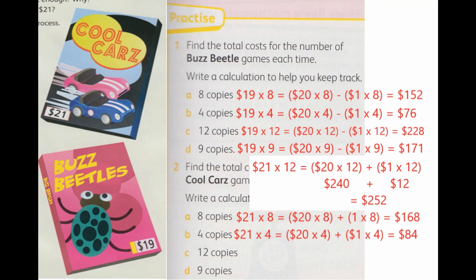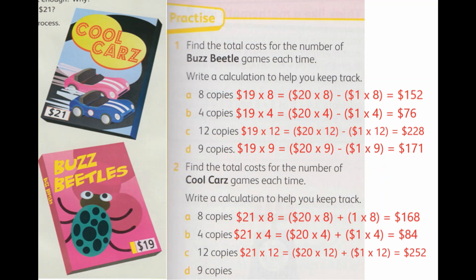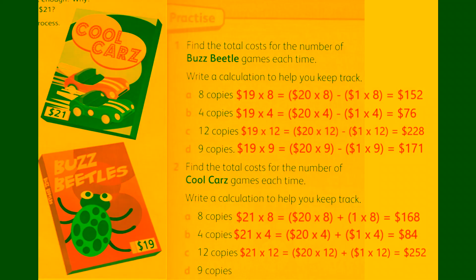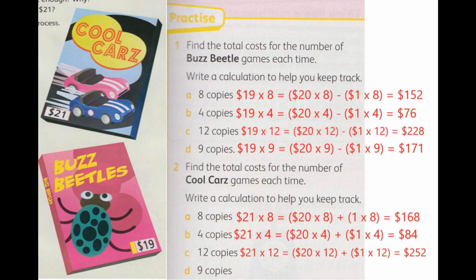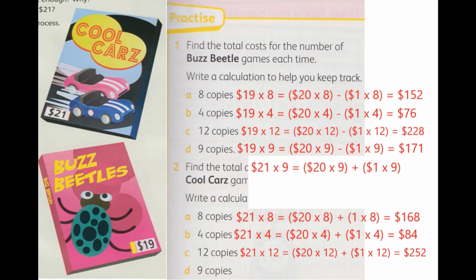Okay, and then the last one here, letter D, is 9 copies. So we're going to take the $21 and multiply it by 9. So then again, we're going to just round it down to $20 times 9 plus $1 times 9. And again, don't forget, you're taking that dollar off, and later on we're going to have to add that back on.